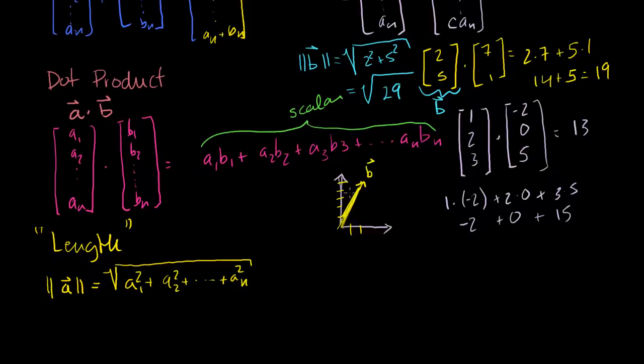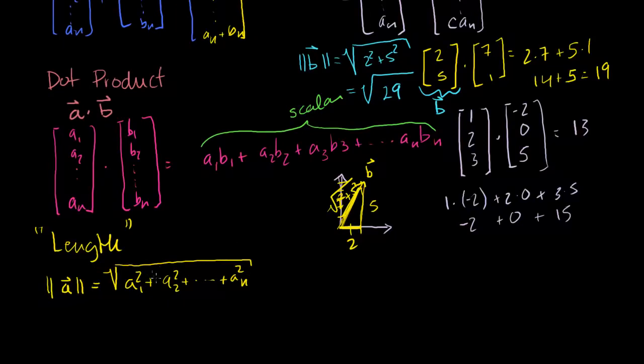And from the Pythagorean theorem, if I wanted to figure out the length of this vector in R2, or if I'm drawing it in two-dimensional space, I take this side, which is length 2, and that side, which is length 5. This is going to be the square root from the Pythagorean theorem of 2 squared plus 5 squared, which is exactly what we did here. So this definition of length is completely consistent with your idea of measuring things in 1, 2, or 3-dimensional space.